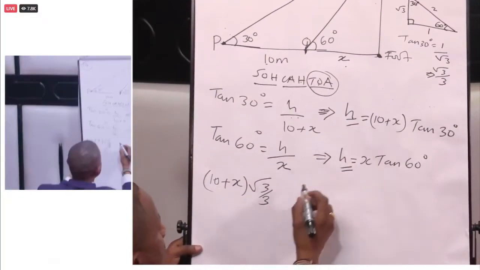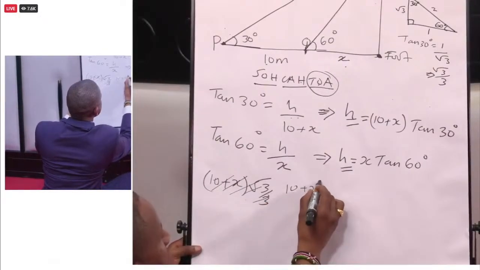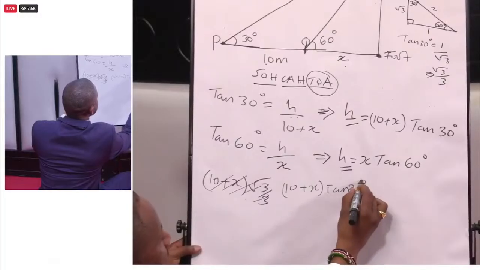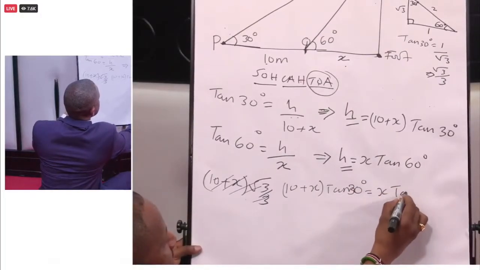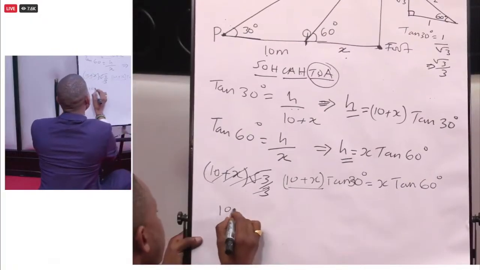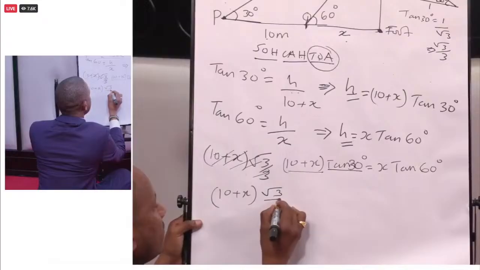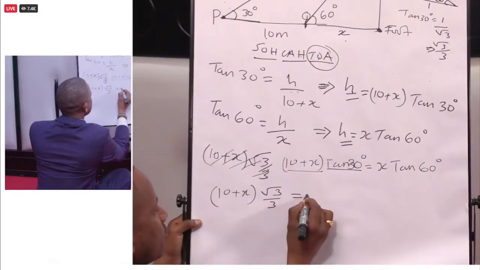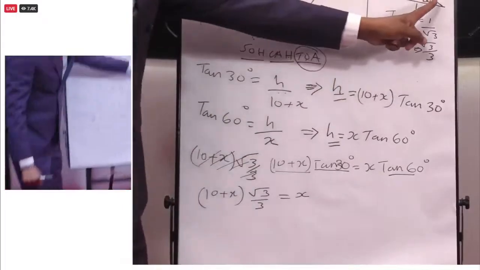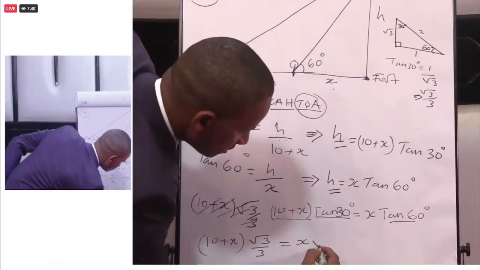So 10 plus x tan 30 degrees equals x tan 60 degrees. Therefore, 10 plus x, we've said tan 30 is root 3 over 3, equals x tan 60. What is tan 60? Tan 60 is opposite over adjacent, which is just root 3.